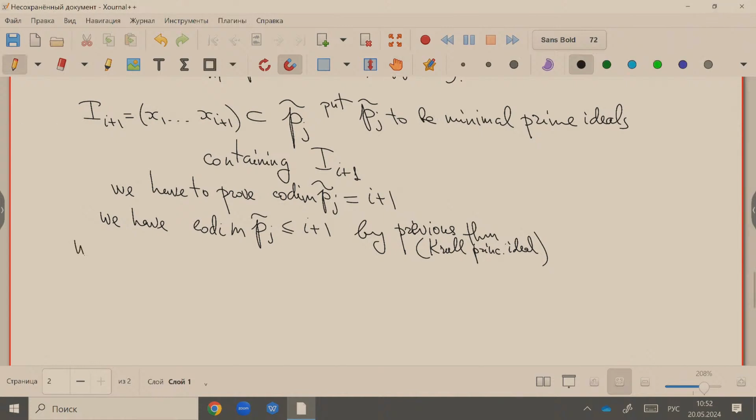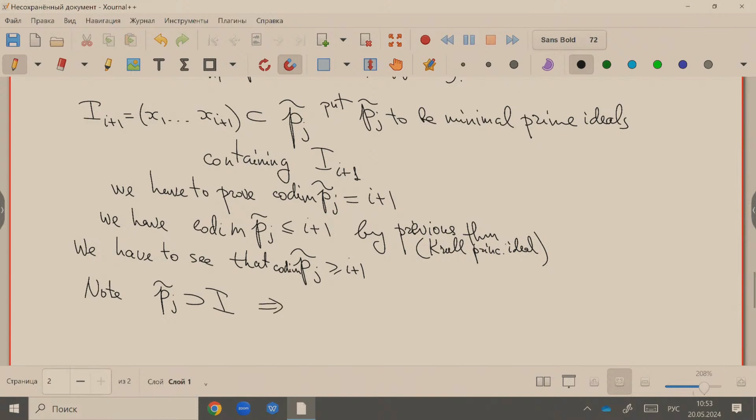So we have to prove that the codimension of Pj tilde is bigger than or equal to I plus 1. But notice that Pj tilde contains I, from the beginning.